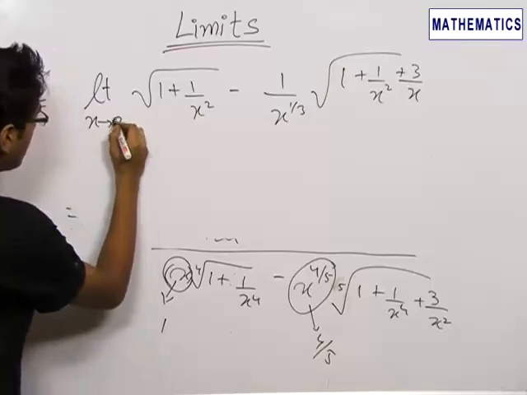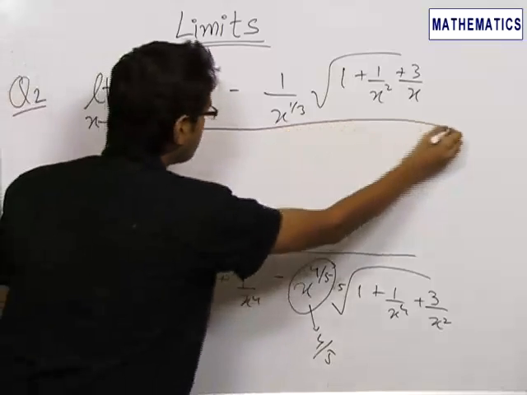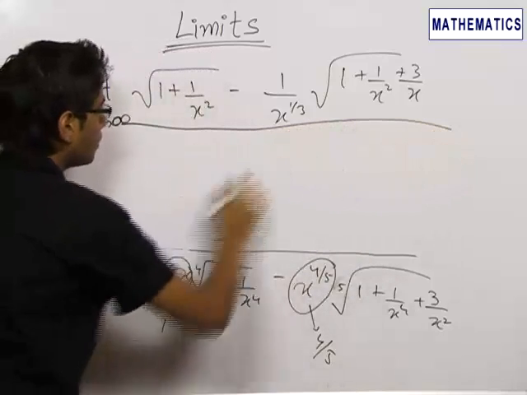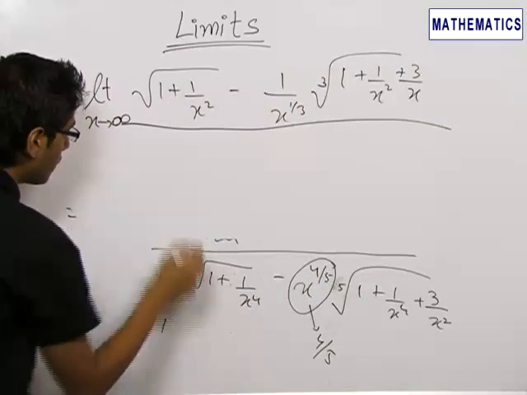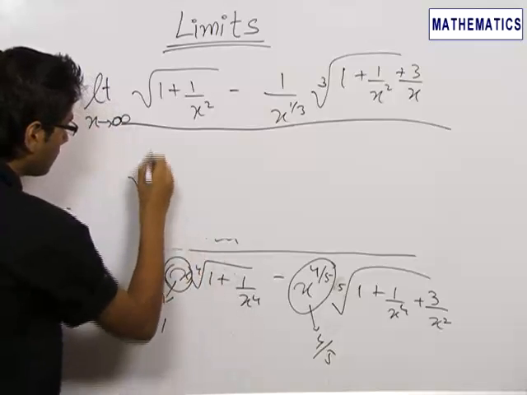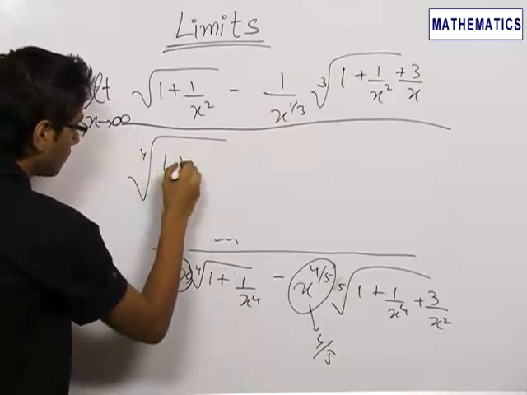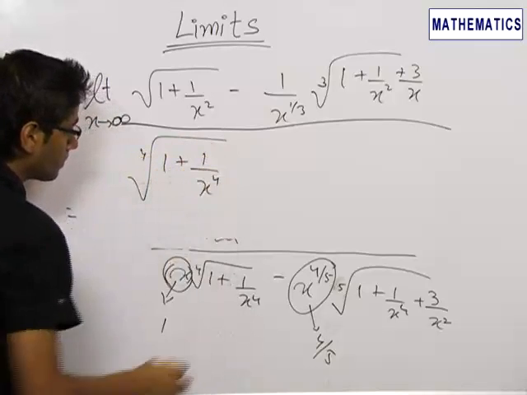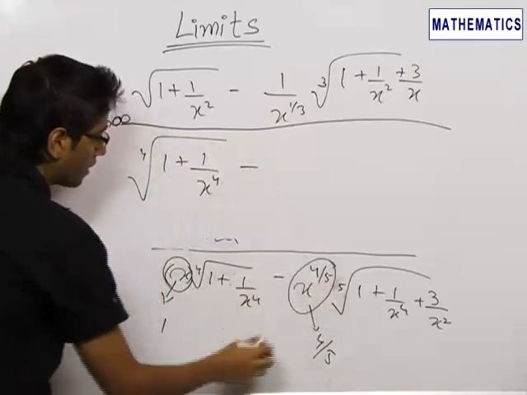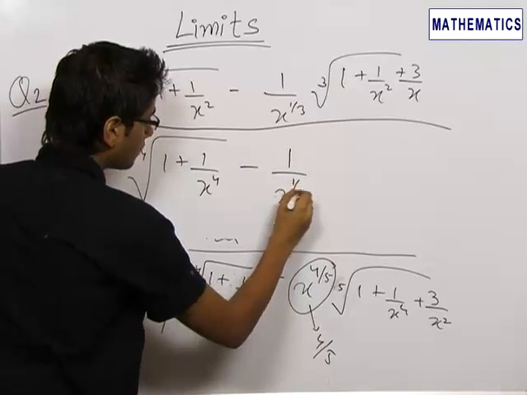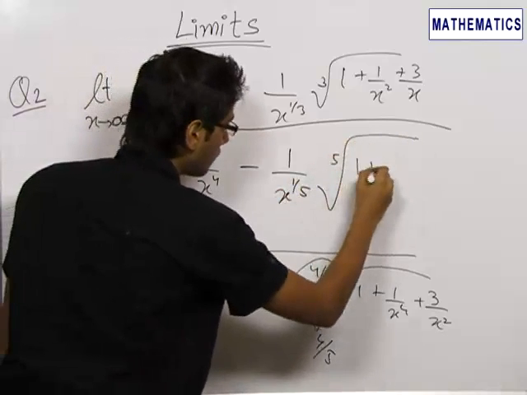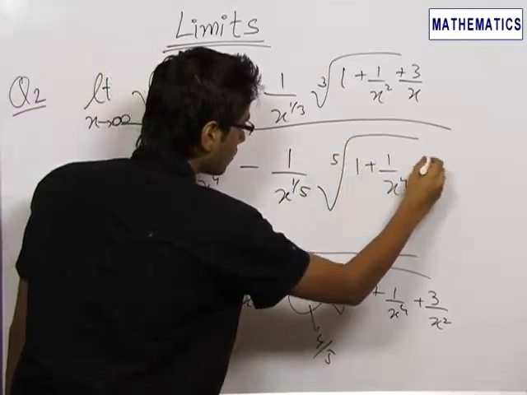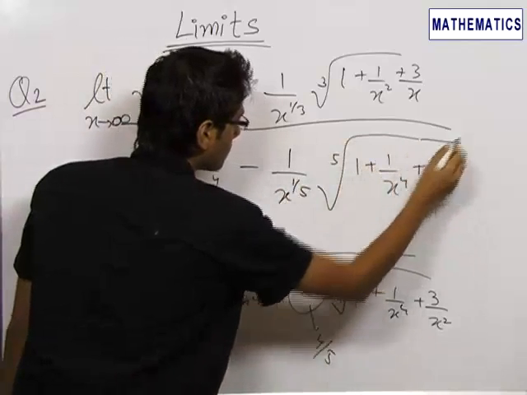In the denominator, dividing by x, we get the fourth root of 1 plus 1 upon x power 4, and on dividing this by x, we get 1 upon x power 1 by 5 into the fifth root of 1 plus 1 by x power 4 plus 3 by x square.